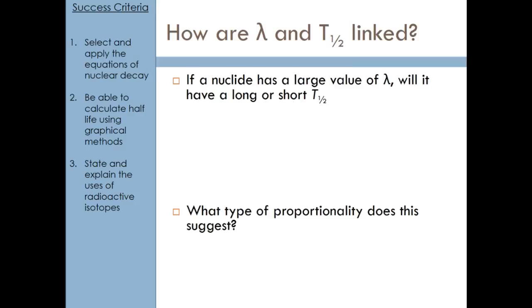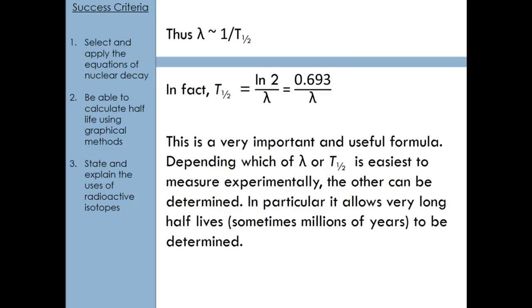So if it has a short half-life when it has a large decay constant, that means I'm going to have an inverse proportion relationship. And in fact we do, and it leads us to the fact that the decay constant is proportional to 1 over the half-life, and to be more specific, it's log 2, or 0.693, over the half-life.